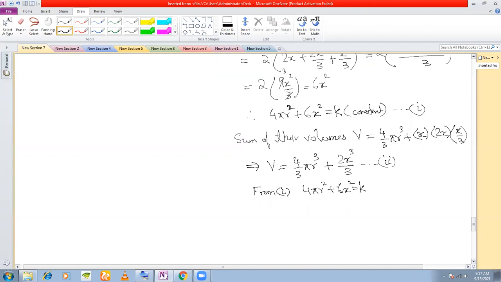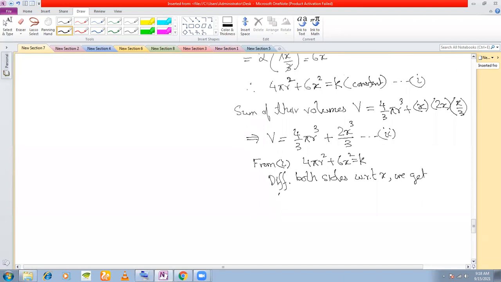Now from here, we are going to differentiate both sides with respect to x. Or you can do it with respect to r also, no problem. If you are doing it with respect to x, you will get dr dx. If you are doing it with respect to r, you will get dx dr. You can do it either way. Let us differentiate both sides with respect to x.